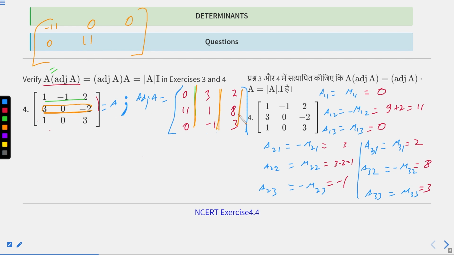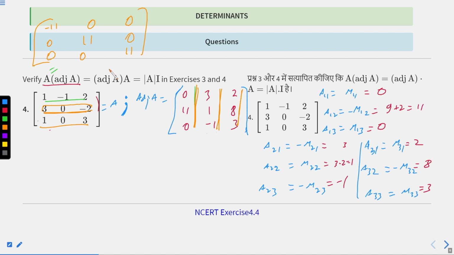Now this going to multiply with this: 6 0 minus 6 will give me 0. Now going to multiply with this: 0 0 0, 3 0 minus 3 means 0. 2 0 and 9 means 11.